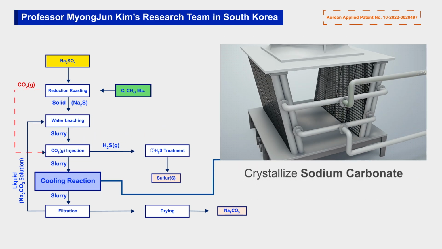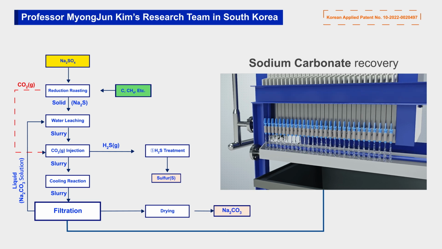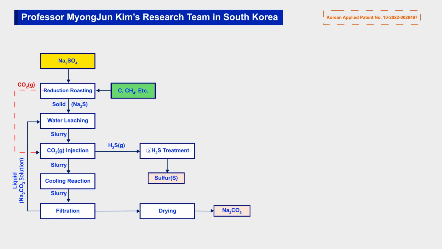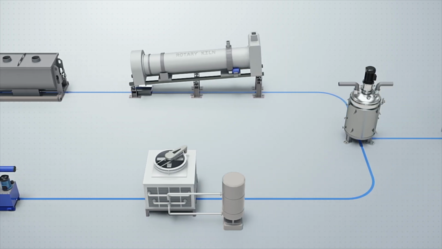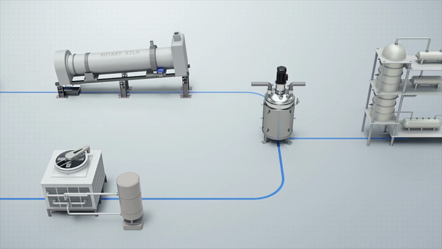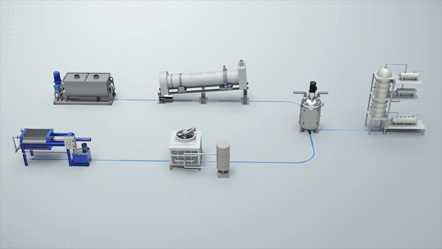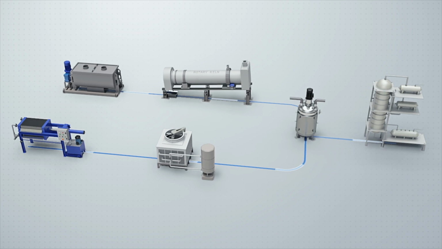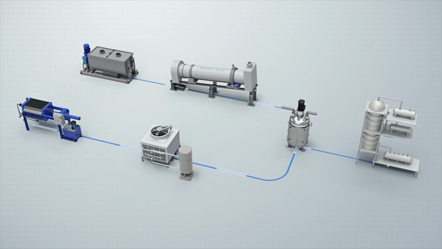In the cooling stage, sodium carbonate is crystallized. Sodium carbonate is recovered by filtration. It is an excellent environmentally friendly technology in that it achieves carbon reduction by utilizing carbon dioxide without generating any waste. We will introduce the details of the process subsequently.